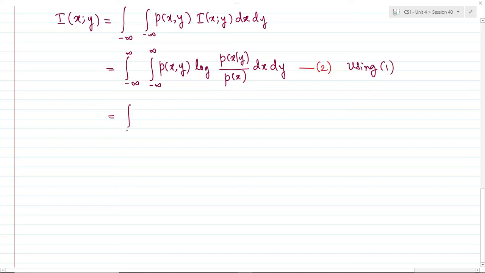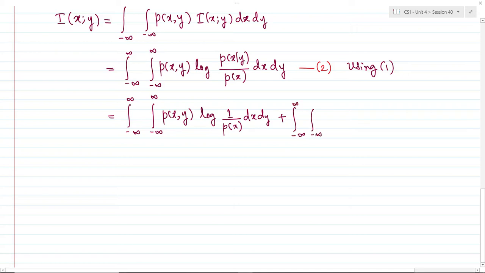So splitting that, minus infinity to infinity probability of xy times log of 1 over px dx dy, plus minus infinity to infinity the joint probability density function P of xy times log of the conditional probability density x given y dx dy.